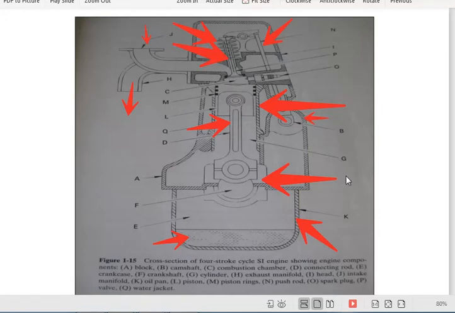So these are some important components, and these are the piston rings and the spark plug. You can see the spark plug.